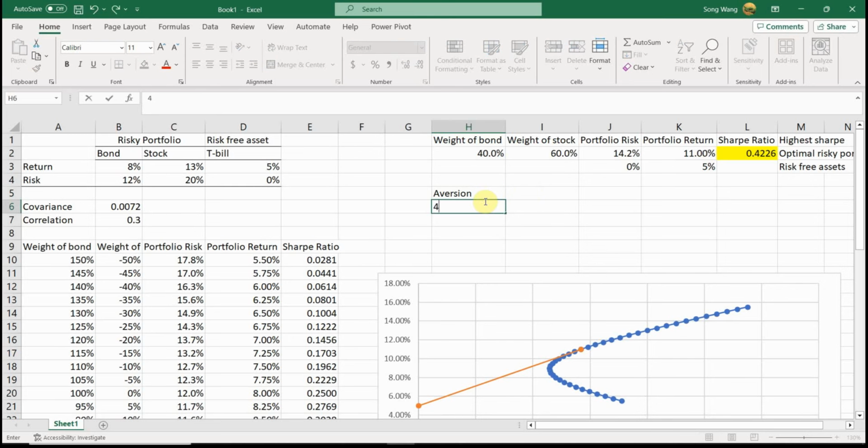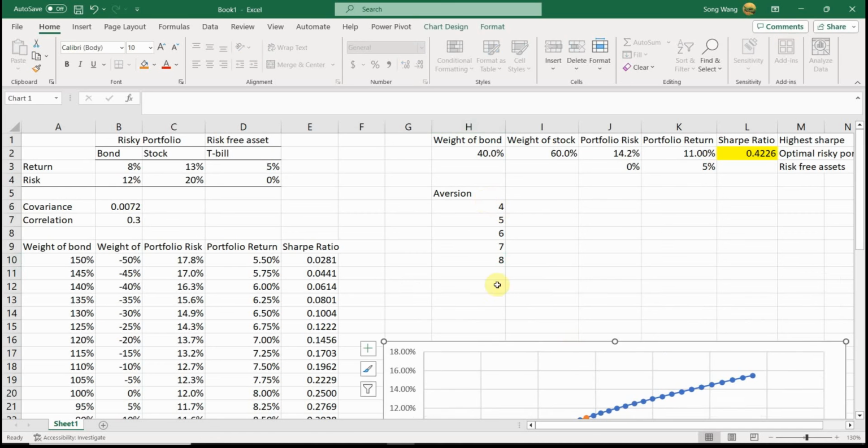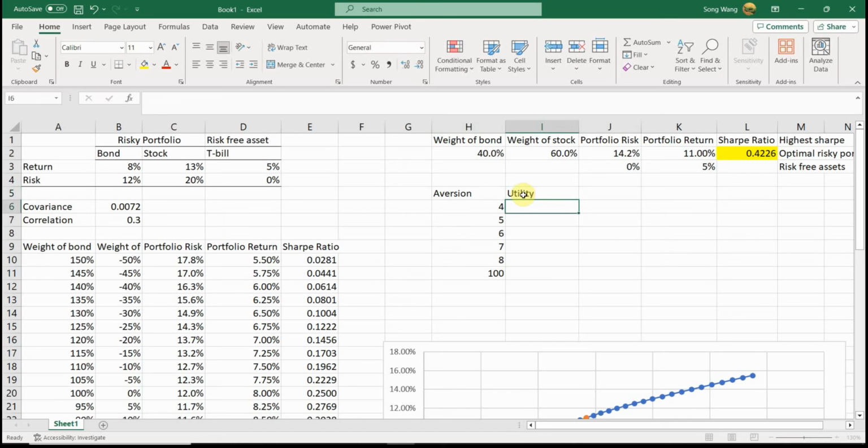So you have the risk aversion factor, 4, 5, 6, 7, 8, and I can just put a very large one, 100. You also have their utilities, the risk level, and the return level for these individuals.